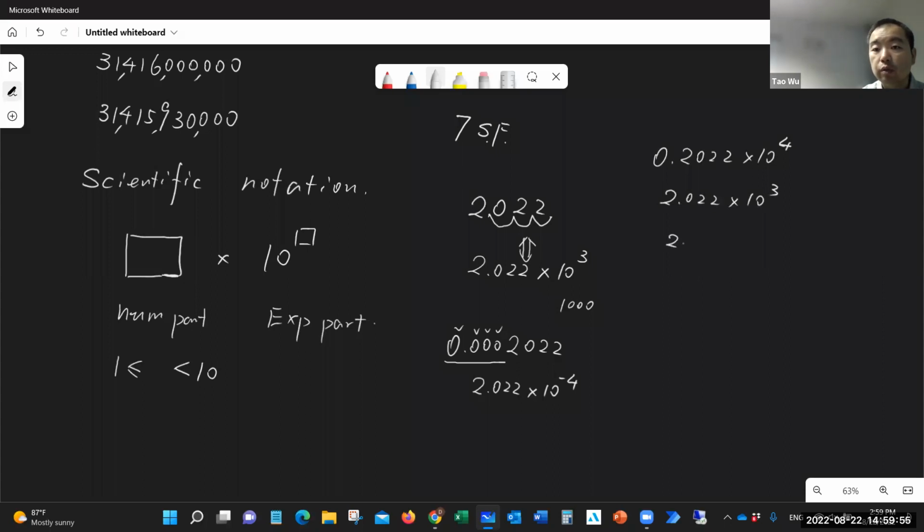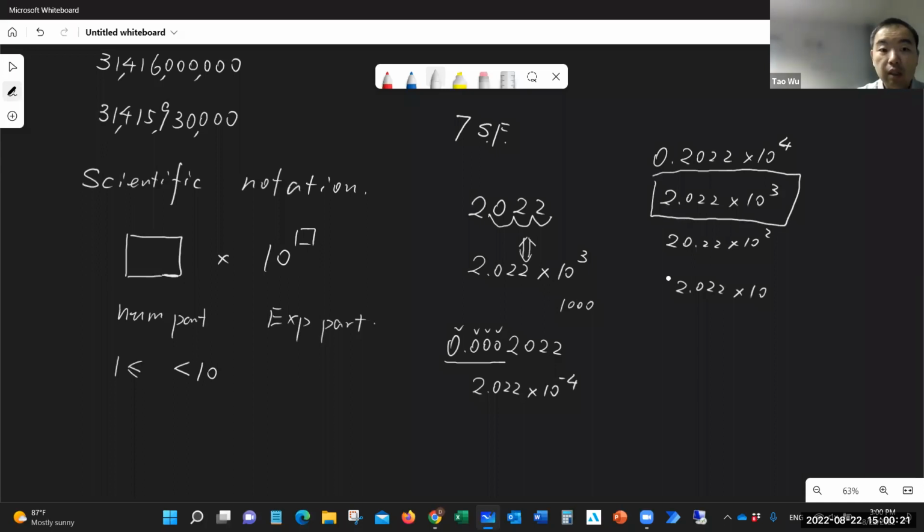You can also write 20.22 times 10 to the 2. You can also write 2022 times 10 to the 0. All of those, if you multiply the number and the exponential part, the value should be the same, okay? But only this one is called scientific notation.